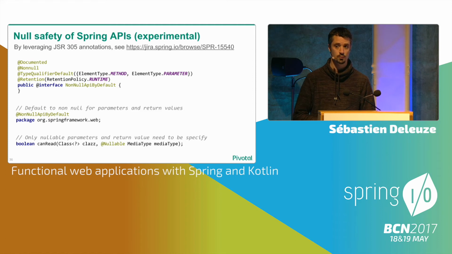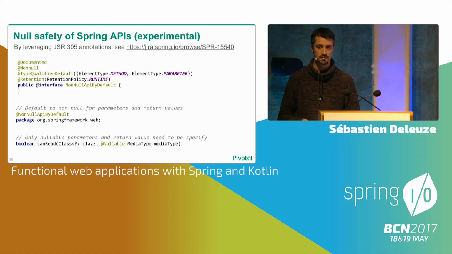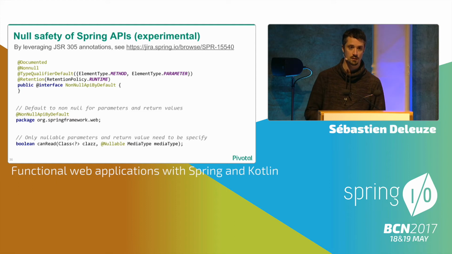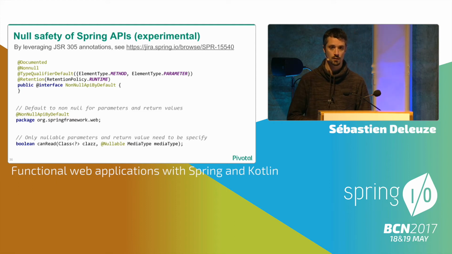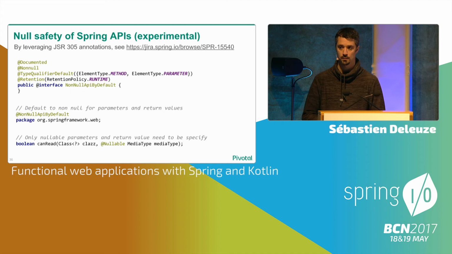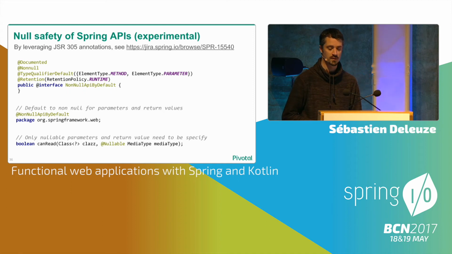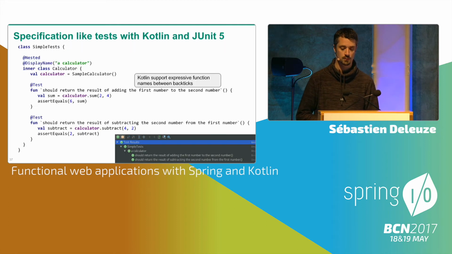But that will be also useful for Java developers, because IntelliJ IDE and Eclipse are able to leverage this API to do static code analysis and to generate a warning if you are doing null unsafe operations. So that's also something that matters for Java developers. I hope we will be able to make that for Spring 5.0.